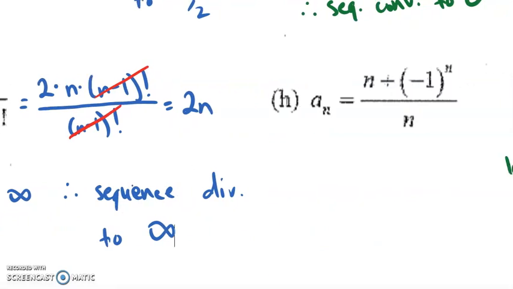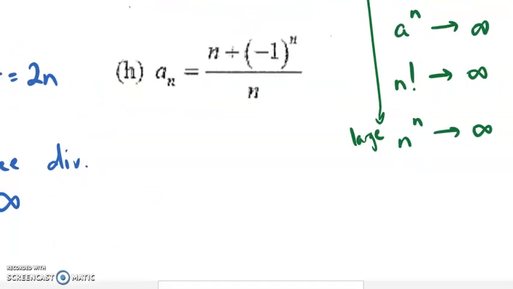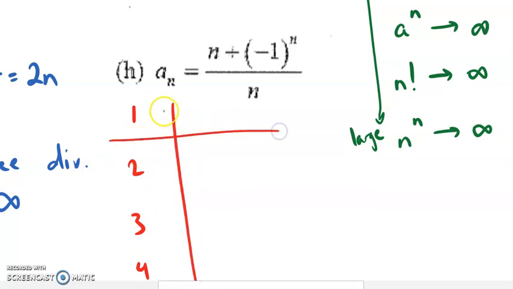All right, let's take a look at this one. Maybe we'll zoom in a bit to give us a little bit more space. So when in doubt, expand it out, especially when we see this plus a negative 1 raised to the n. That's a little bit odd. So I'm going to make this one a vertical, my n values of 1 and 2 and 3 and 4. When n equals 1, we get 1 minus 1, which is 0, over n, which is 1.